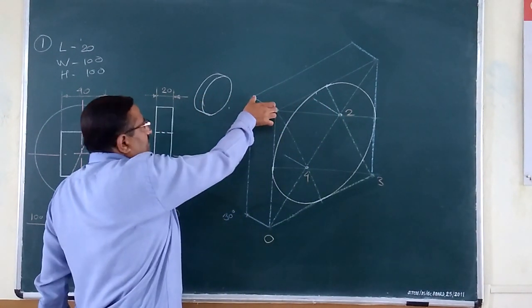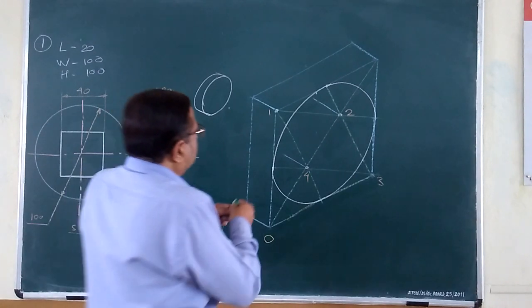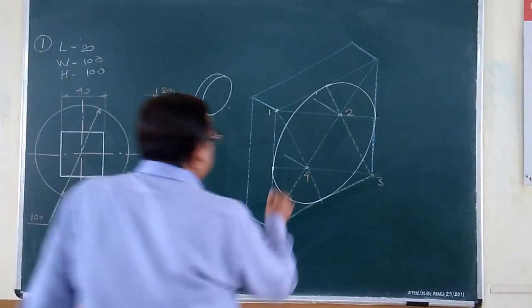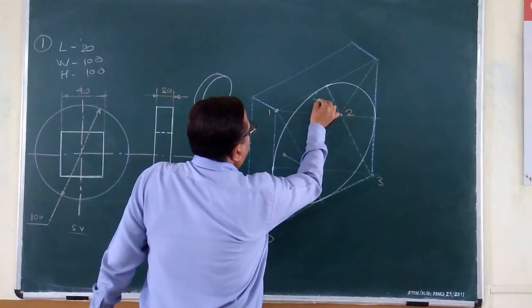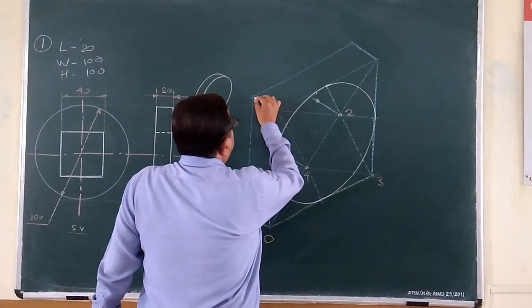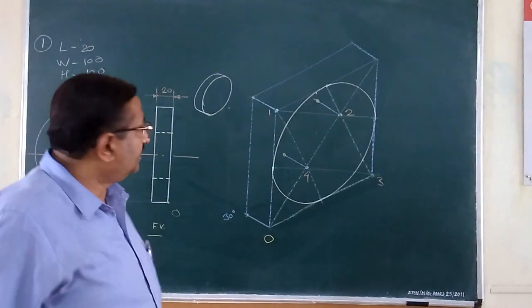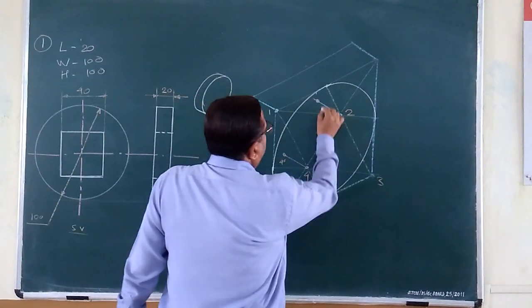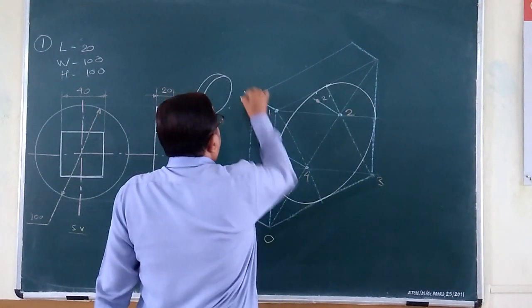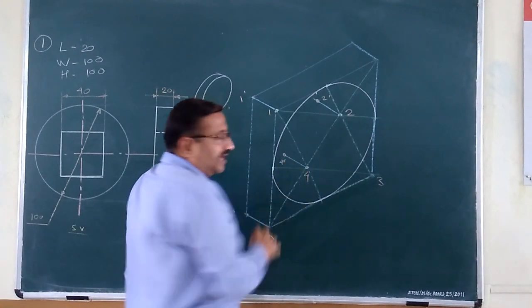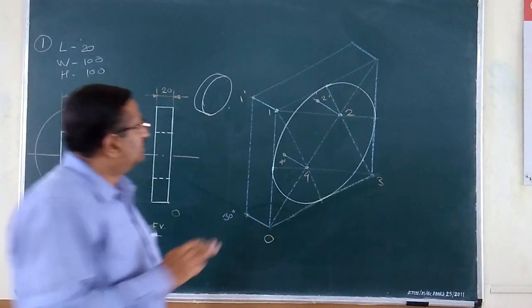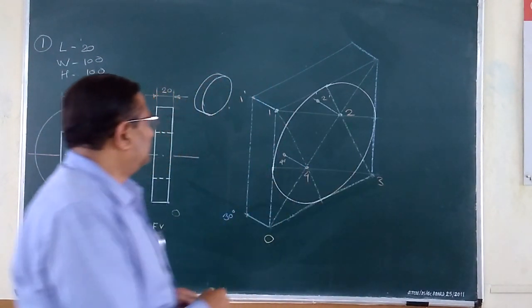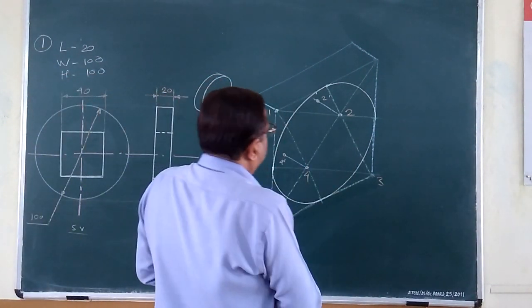So these are the new center positions from where, by compass, we are going to finish the rear ellipse. Now this is 4 dash, this is 2 dash, and this is 1 dash. So 1 dash, 2 dash and 4 dash are those new 3 centers which are essential for construction of the rear ellipse.